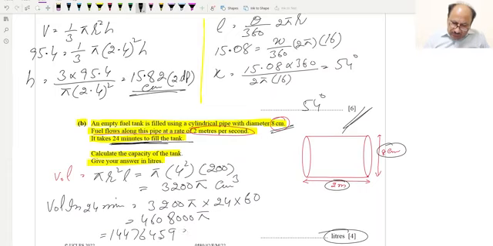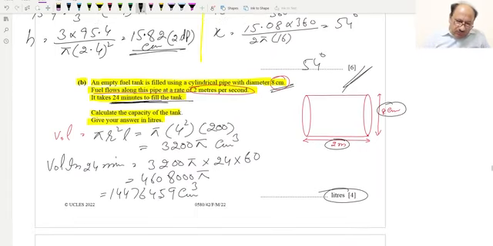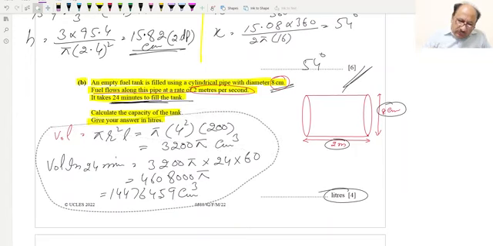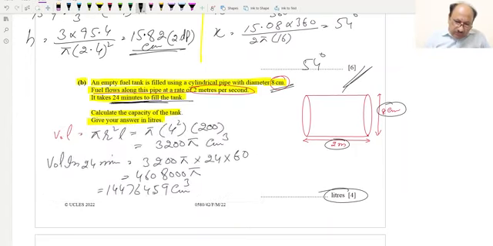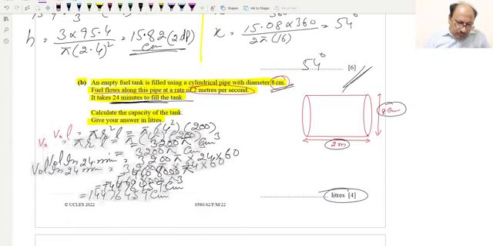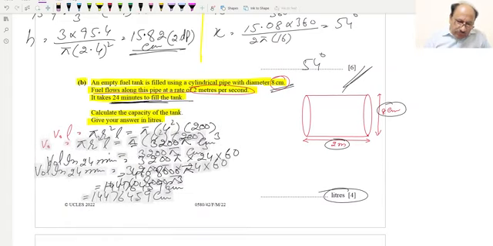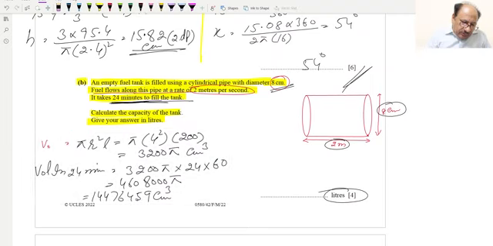Now this is centimeter cube, but to convert into liters, I will shrink this a little and move it so that we get the space.